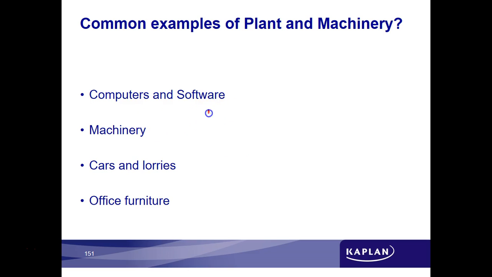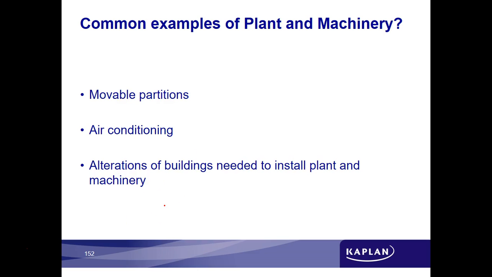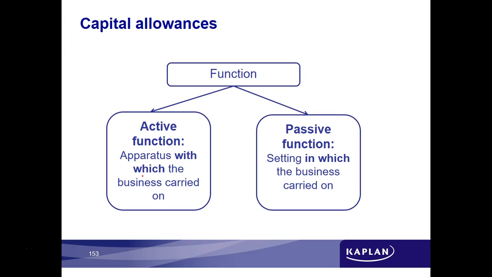These are the kinds of things you're going to see: the computers, software, machinery, cars, lorries, office furniture, movable partitions, and we'll come back to this idea of why suddenly movable. That's really to do with the fact that it's actually working, it's functioning, it's active, so to speak. Air conditioning, and like I said earlier on, alterations of buildings needed to install the plant and machinery.